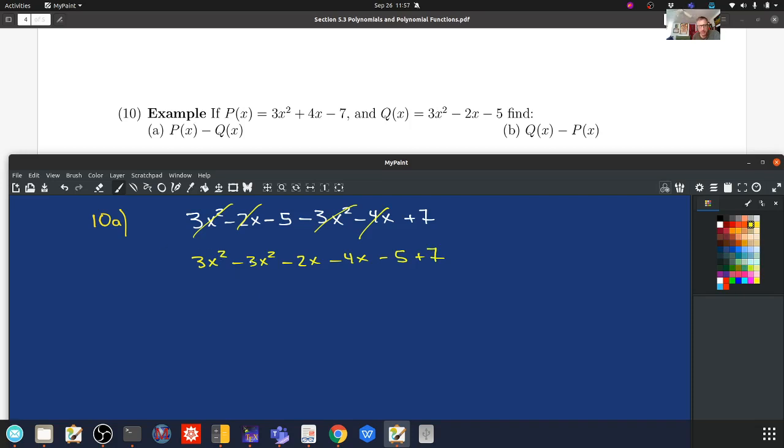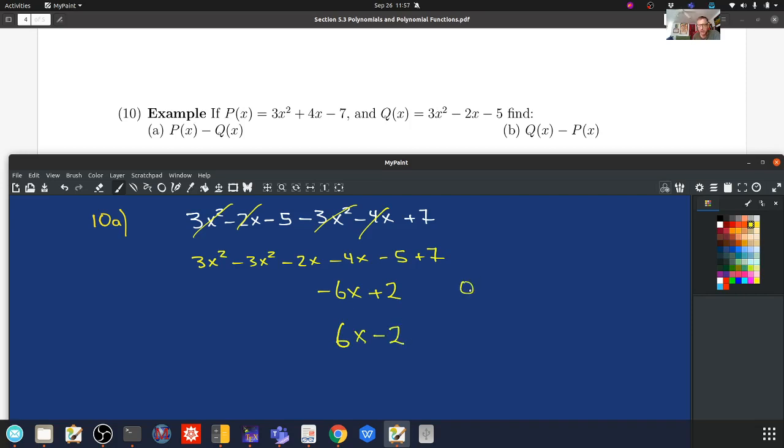So 3x squared minus 3x squared, that's still 0. Minus 2x minus 4x is minus 6x. And minus 5 plus 7 is plus 2. So I get minus 6x plus 2, and before I got 6x minus 2.